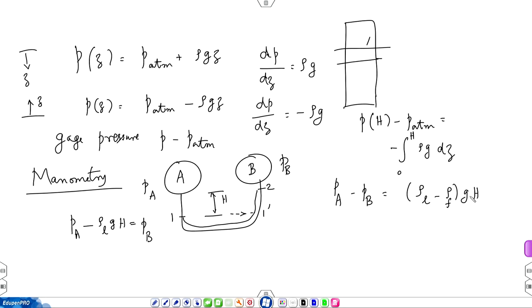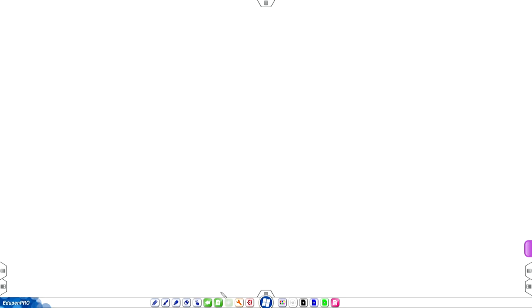So, let us look at an example of force calculation. We could go back to a beaker containing water, but I think in the book they have an example of a dam.